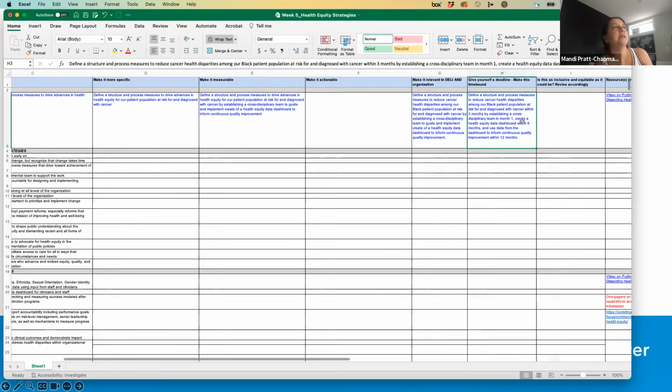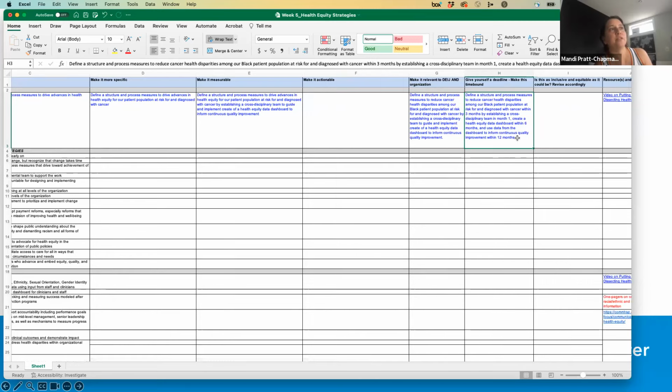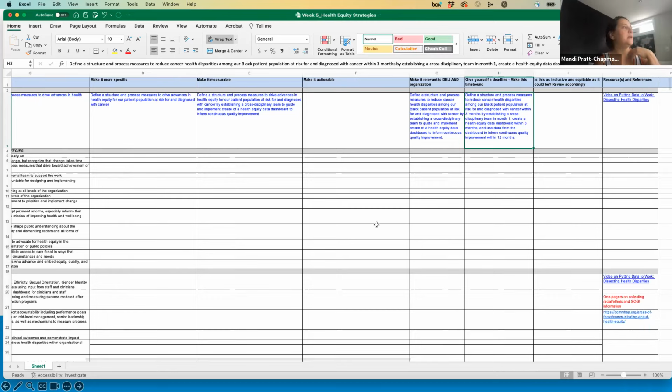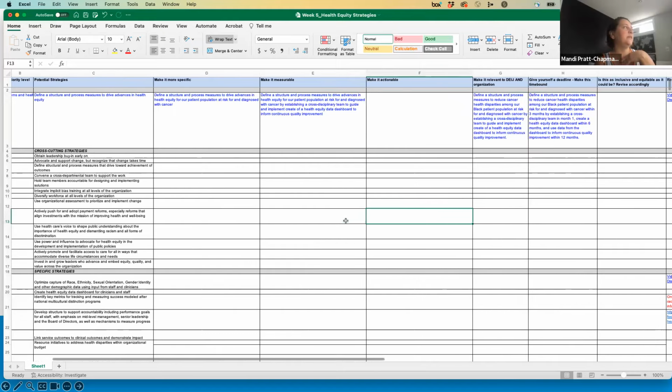And then finally, to put a measure on that to within 12 months. So I was trying to kind of model how you might use this Excel sheet to hopefully give you some ideas.